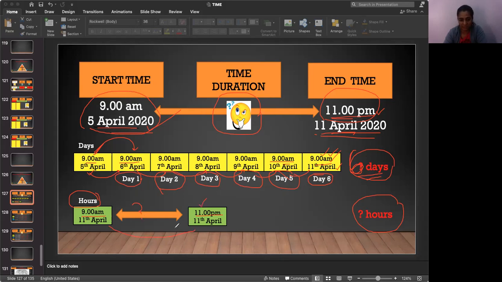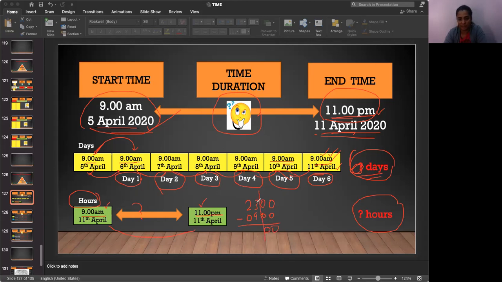Again, take your end time and minus your start time. Remember, this is 11 p.m., so I'm going to take 2300, changing it to the 24-hour system, and subtract 9 a.m., which is 0900 hours. I would get 00 for the minutes.